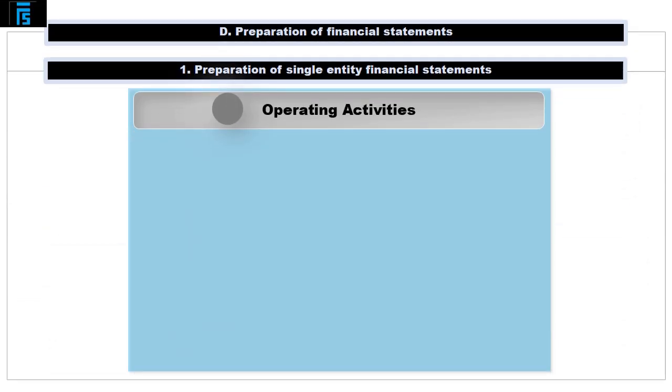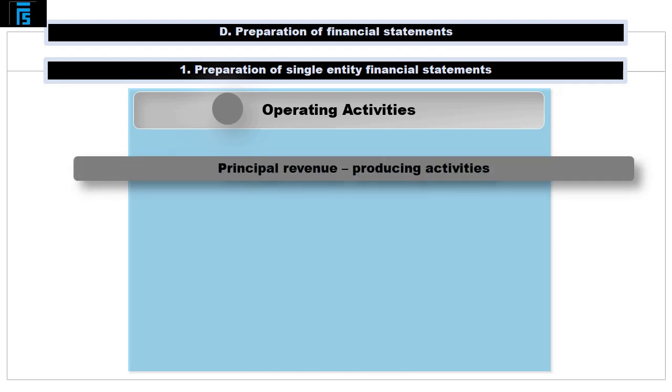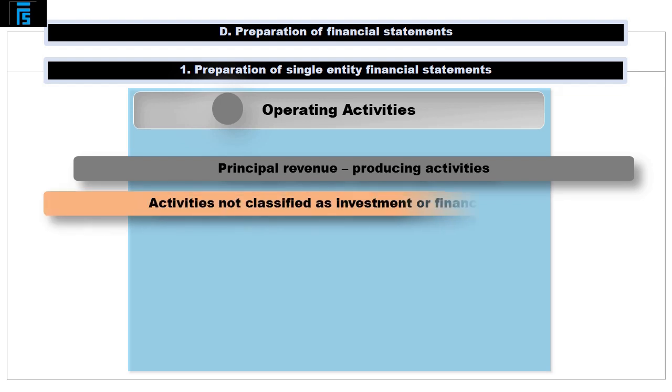As we already signaled in the previous introductory video, operating activities are defined as the principal revenue-producing activities of the entity and also include all other activities which are not classified as investing or financing. IAS 7 notes that the value of information on cash flows from operating activities is in fact twofold.